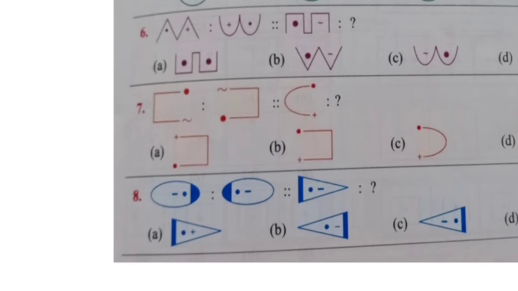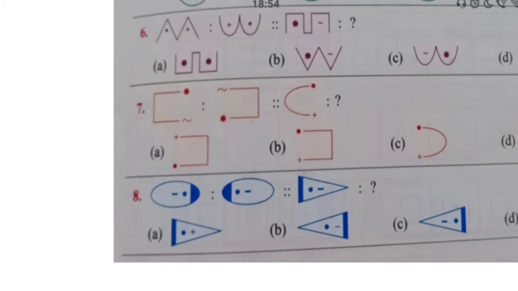Next, eighth one. Here some egg shape is shown, with a minus sign and a dot, and some part of that egg shape is shaded, and exactly the opposite is shown. First shaded, then dot and then minus sign. In the triangle, first the shaded one is shown, then the dot, and then the minus sign.